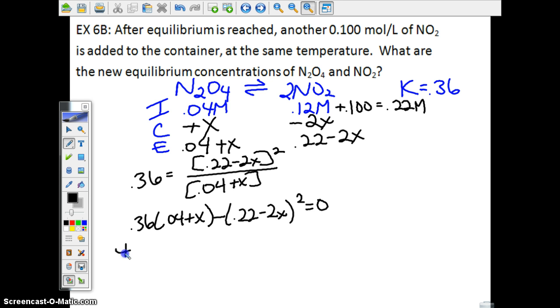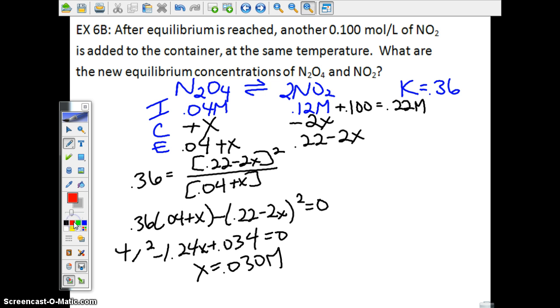If you got it all the way to quadratic equation form, you should have gotten this. X is 0.030. And then make sure you go back and actually find the answers.